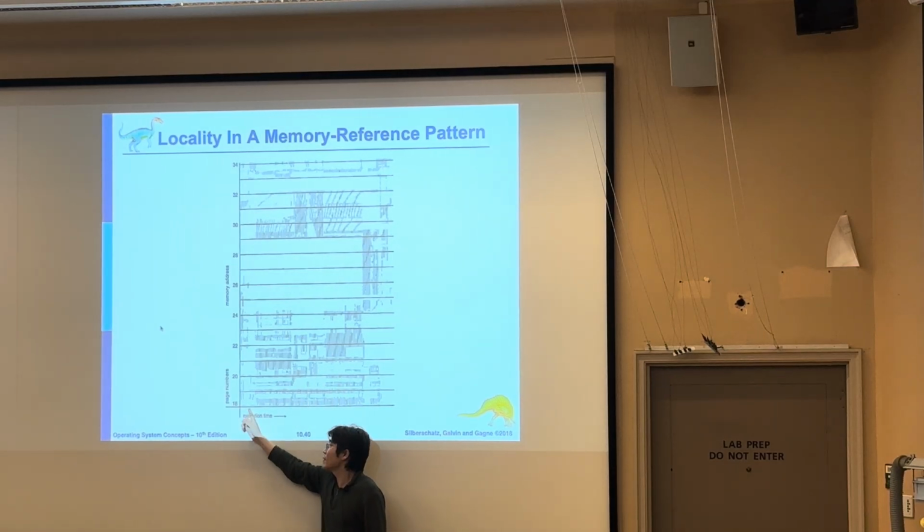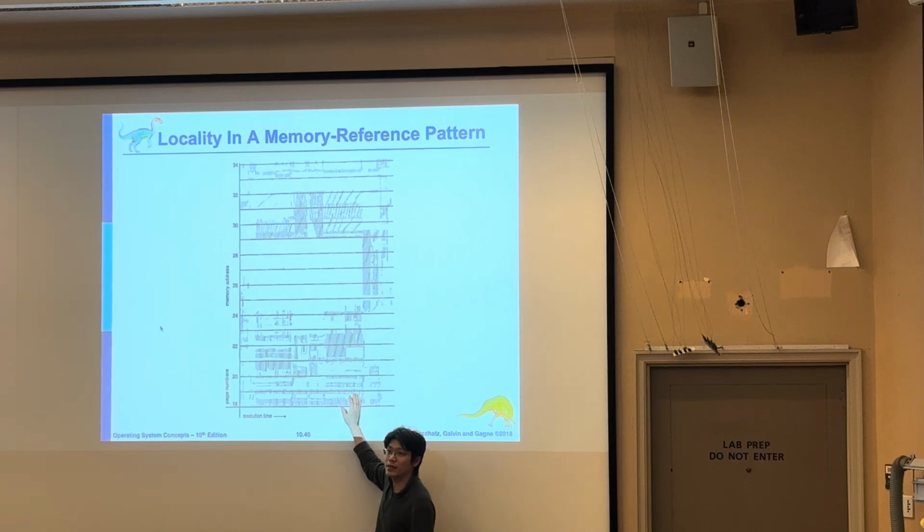Because during this period of time, from here to here, you can see these pages are accessed together, simultaneously or close to each other, repeatedly, which means they are in a locality set or working set. Similarly, the shadow on the upper side is also a working set.